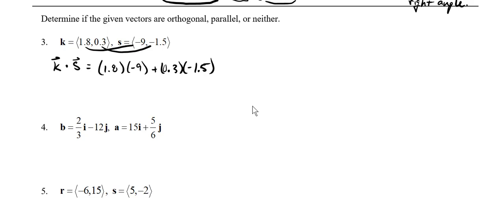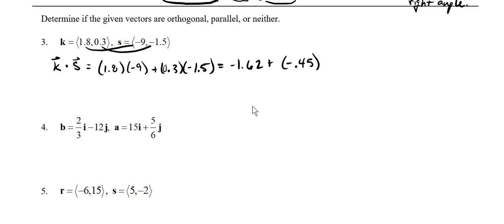So if you compute this, let's see what we get. 1.8 times -0.9, that's -1.62. 0.3 times -1.5, that's -0.45.